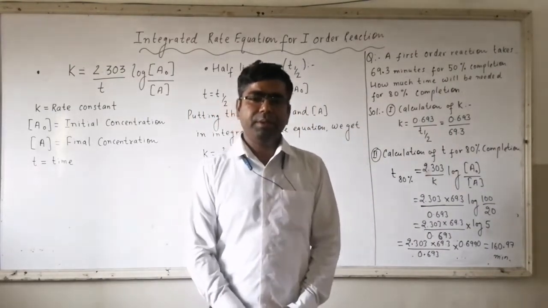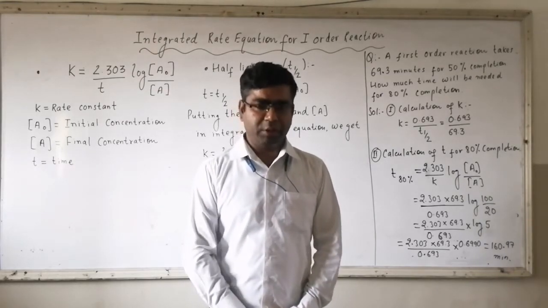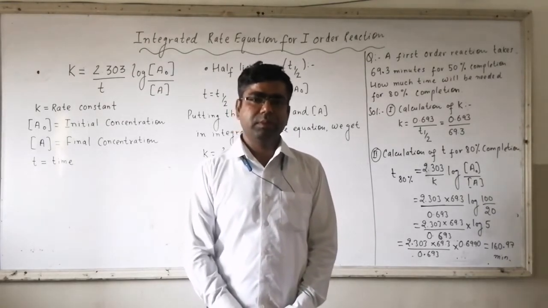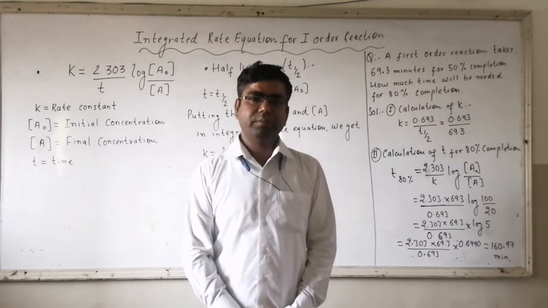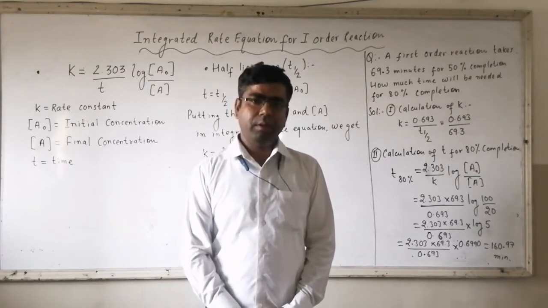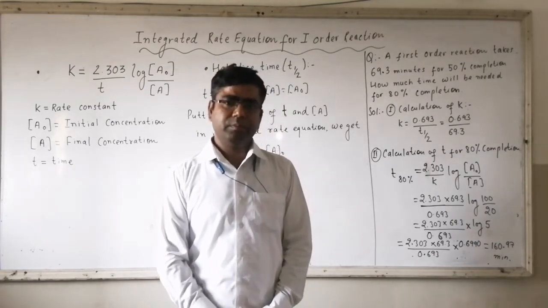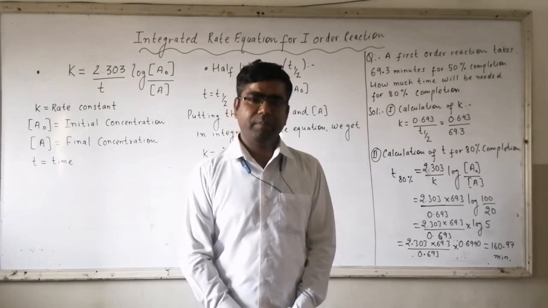We have completed definition of rate of reaction, factors affecting rate of reaction, and rate law, in which we talked about dependence of rate of reaction on concentration of reactant.